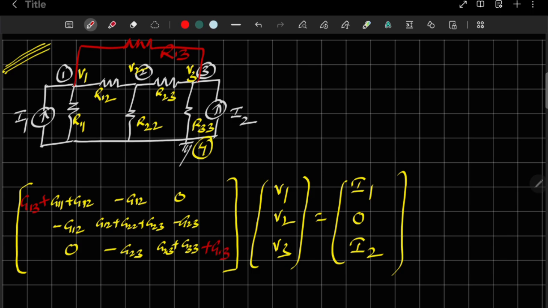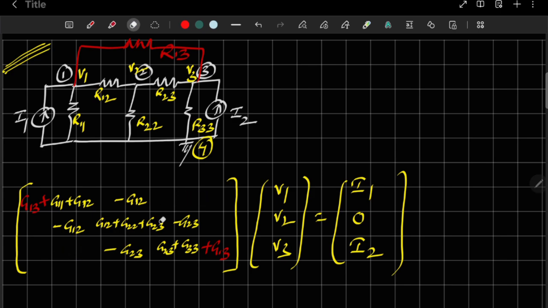Is it enough? No, because the non-diagonal elements are related to the conductances which are in between two different nodes. This G13 is connected in between 1 and 3, so this position will be affected. If this position is affected, because it is a symmetric matrix, this position will also be affected. So what are the changes we will get here?